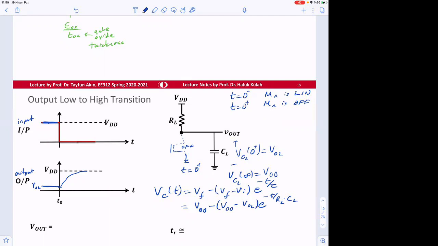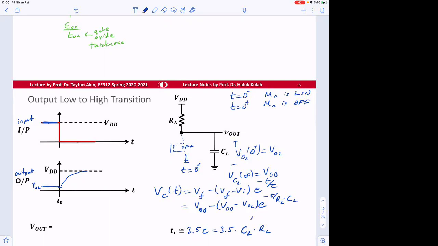Is that clear? So if we say that rise time is about 3.5 times tau, then this is going to be about 3.5 times RL times CL. Sorry.